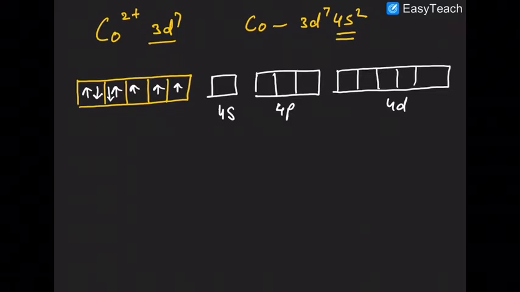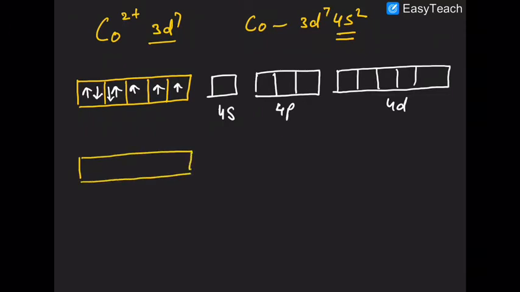So when the electrons get paired up, pairing of electrons would take place like that. But still only one orbital is vacant.